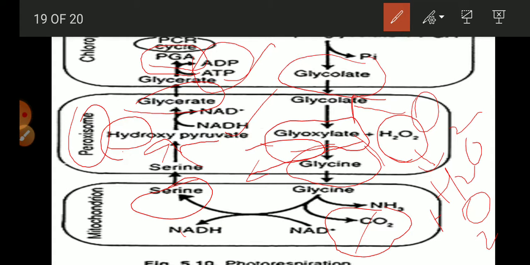This whole cycle or reaction is done by the plant cells to save themselves from glyoxylate and glycolate, which are highly toxic compounds formed by the combination of RuBP with oxygen in place of carbon dioxide.